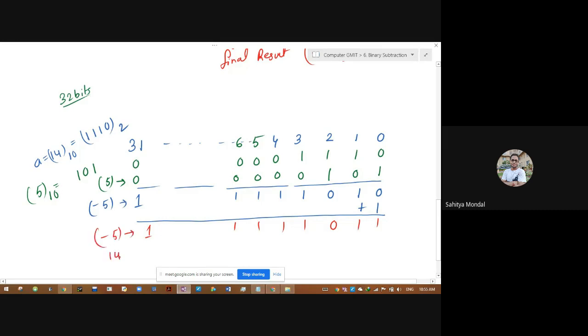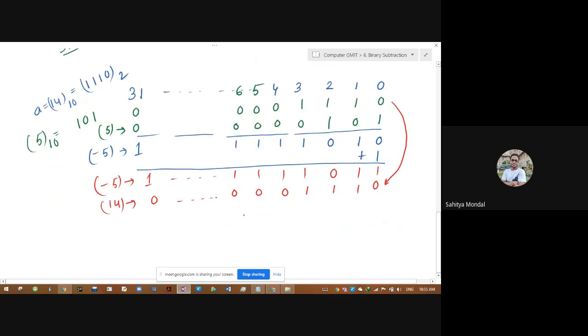Now what is 14? I am just copying the result from here to here for your better understanding. So 0, 1, 1, 1, and the remaining bits are 0. Now I will sum them, because I am going to sum 14 minus 5.